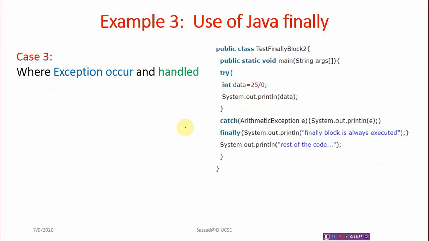The third case, where an exception also occurs and is properly handled, let's see what the finally block does. A similar case, we are trying to divide by 0, so there will be an exception, and now it will not execute this line. It will directly move to the catch block, and in the catch block we have said arithmetic exception.